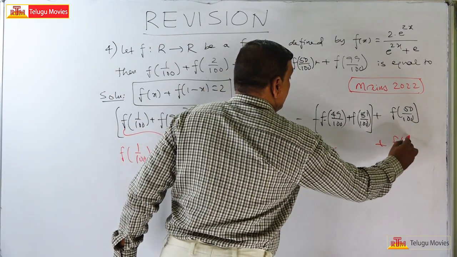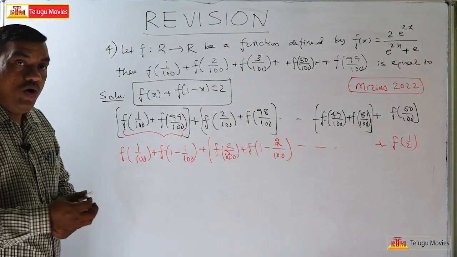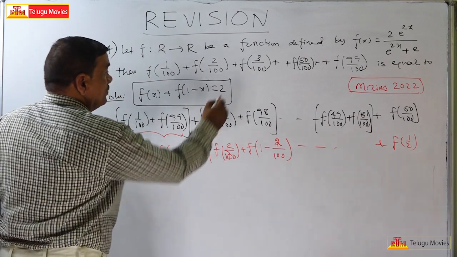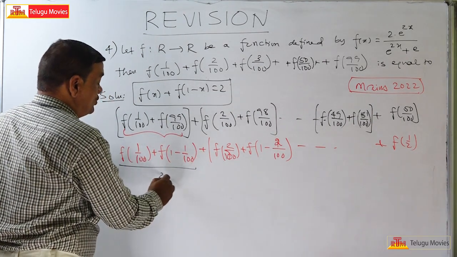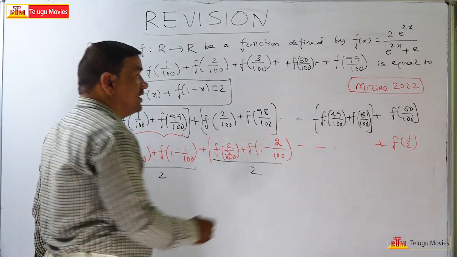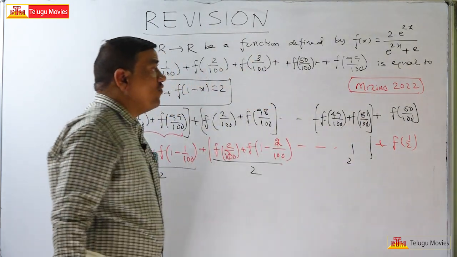Last, f of 1 by 2 will remain. Now, what is this value? We already got f of x plus f of 1 minus x, this value is 2. This value is also 2, 2, 2 like that, up to the last group, also 2.